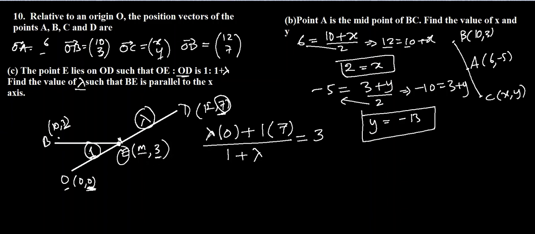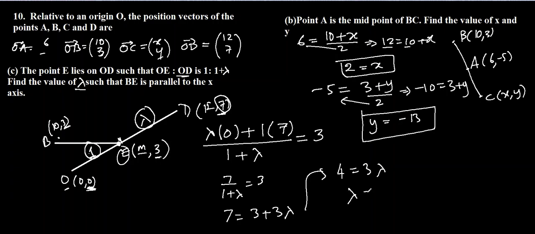Now lambda times 0 is 0, so we will not write it. 7 over 1 plus lambda is equal to 3. Cross multiply: 7 equals 3 plus 3 lambda, and 7 minus 3 is 4 equals 3 lambda, so lambda becomes 4 over 3.